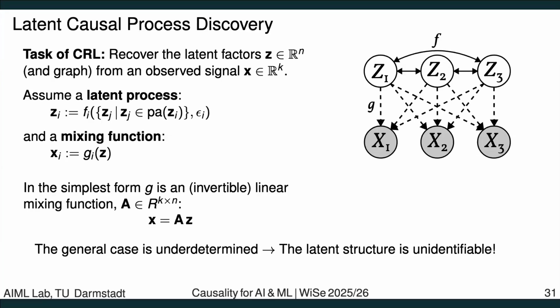This doesn't harm me as long as I'm also swapping all the edges in the same order. So usually identifiability is up to permutation, except if I make some assumption where I can really bind one of these z variables to one specific x variable, to one specific observation. Then I know the order because I bind them together, but otherwise there might be flips or whatever, but we are okay with it as long as the graph structure itself is recovered.